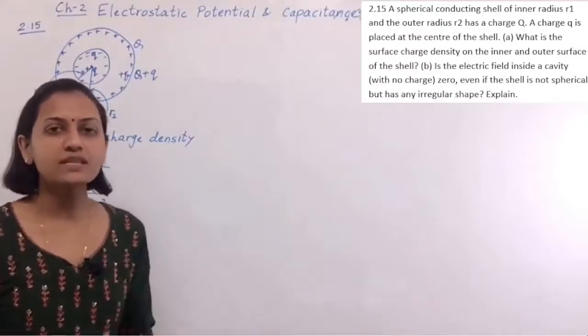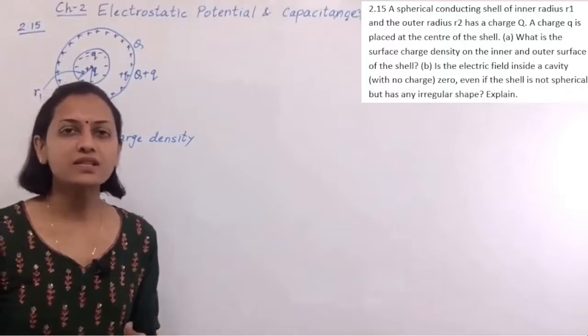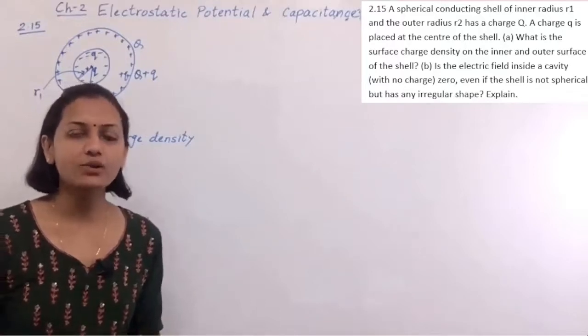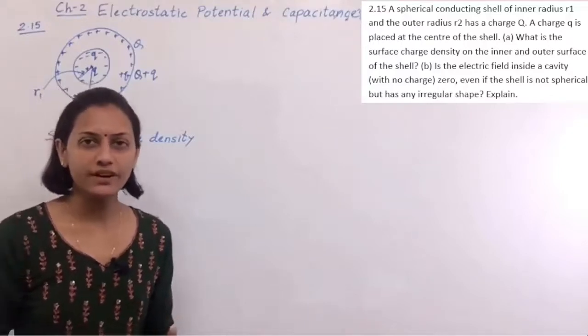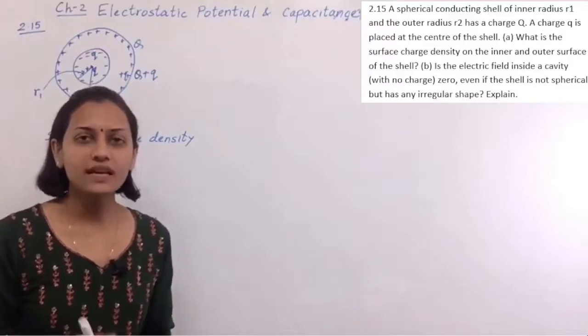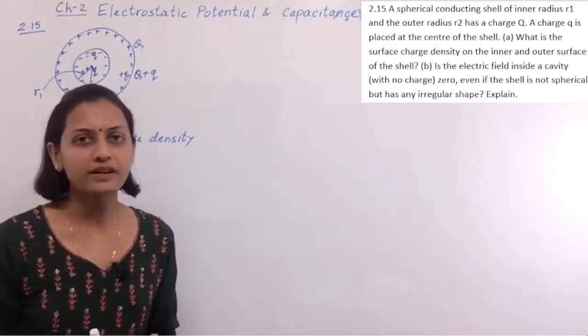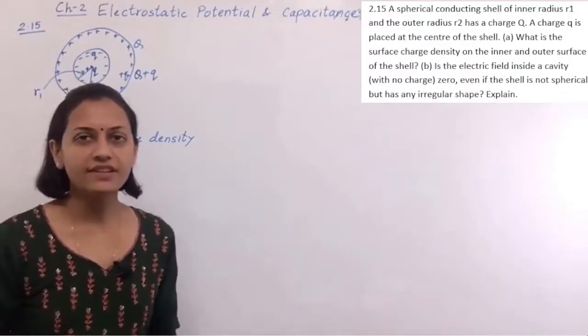That means the charge does not experience any kind of resistance or attraction. This only happens if there is no electric field. That means no electric field will be there inside the cavity.